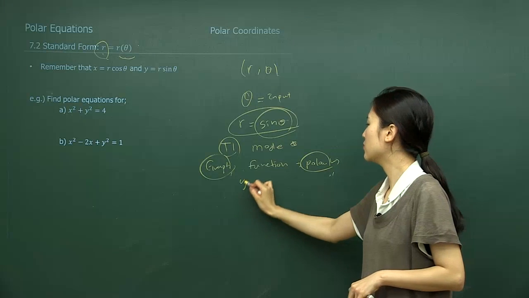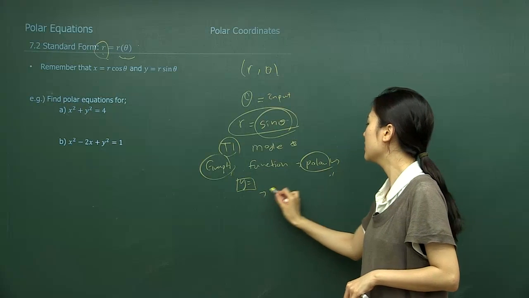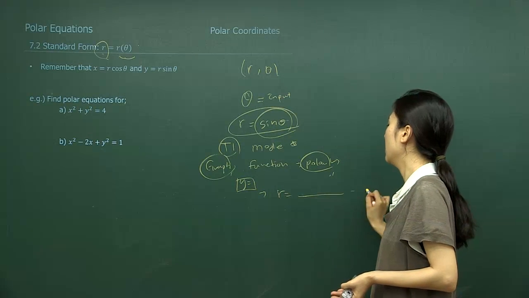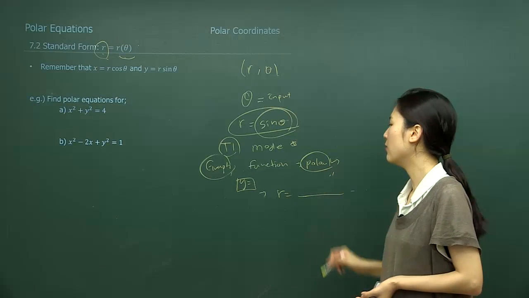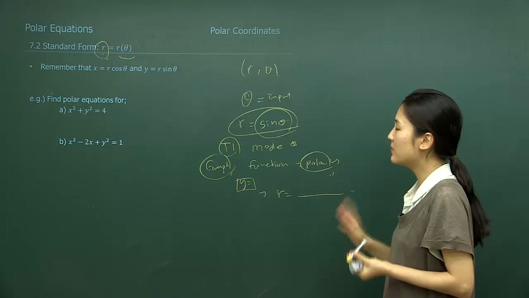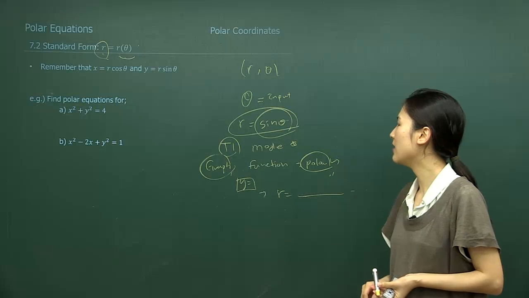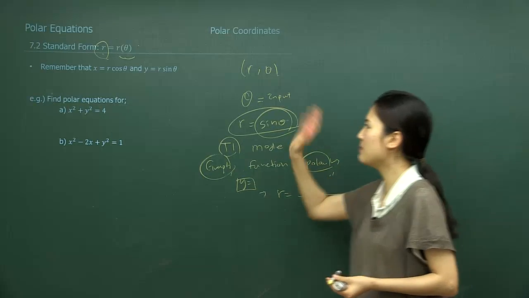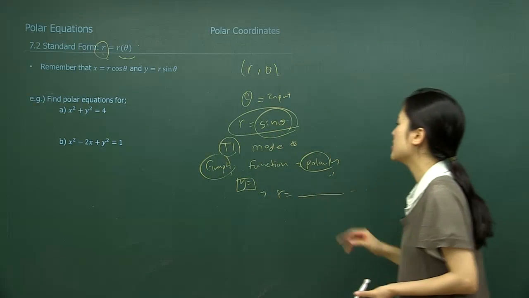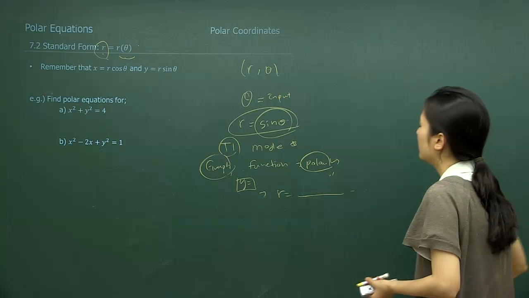Then if you press y equals, you will see r equals, blanks instead of y equals. You just simply change your mode on your calculator, then type in whatever equation they're giving you. That will give you the graph.